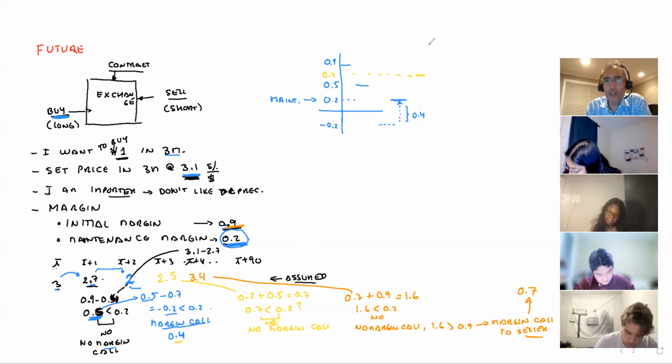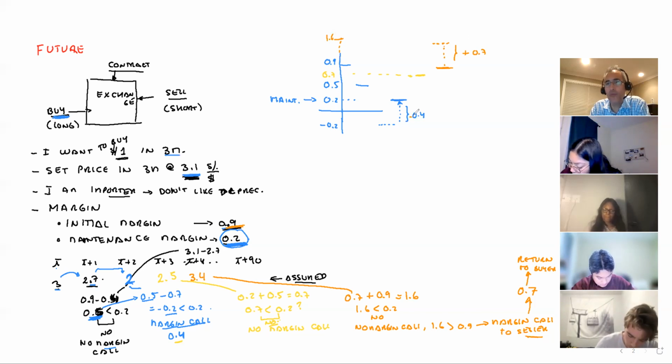So what happens here is you go to 1.6, only temporarily. Then this 0.7 is returned to the buyer. You're going to receive 0.7 in such a way that at the end you're going to end up having it here. Let's say this is minus, so you need to put this one. I'll forget about this side.